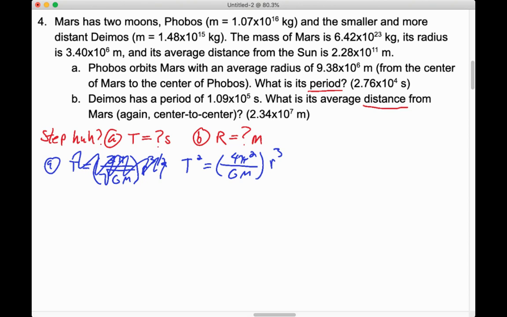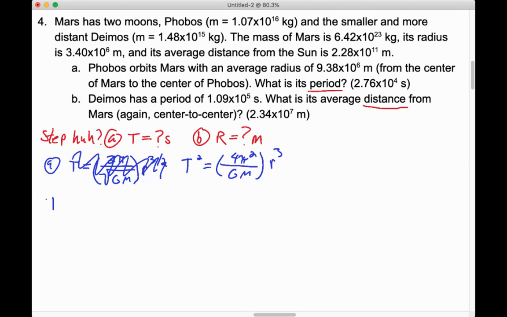Again, this is exactly the same thing, only I squared everything there to get rid of this square root on the bottom and to get rid of this r to the 3/2 power. So we have this, and this will work. The one thing is, at the end of this, we're going to get a number that is not what we're looking for. We're looking for T. This will deliver a number for T squared, which is fine. We just have to remember to take the square root at the end. So yeah, we'll use this version.